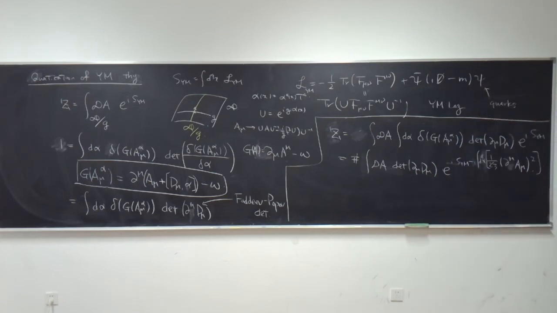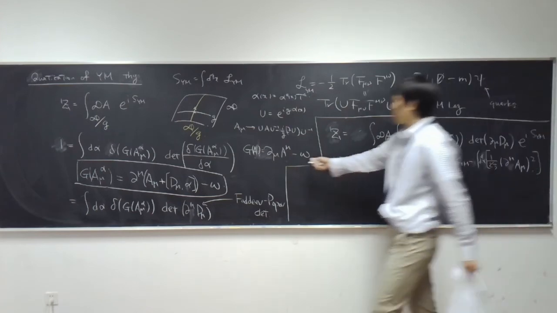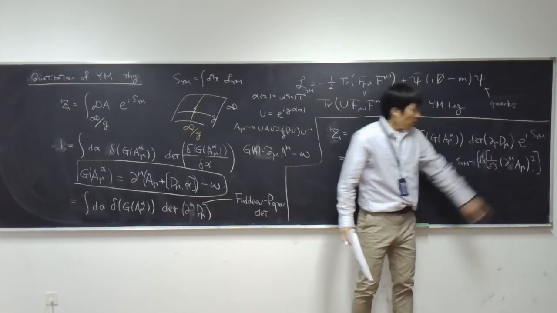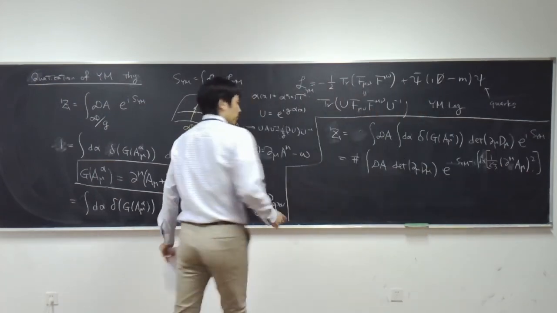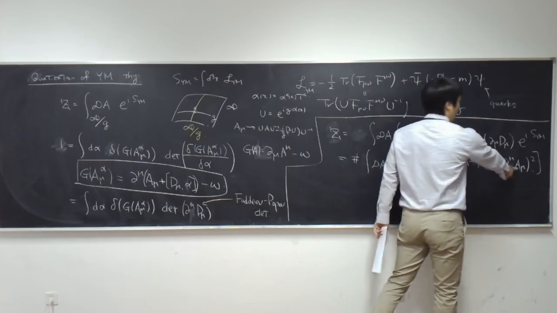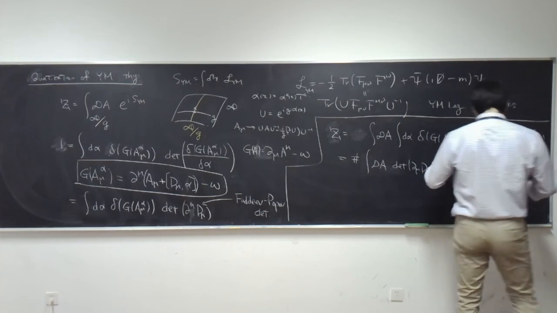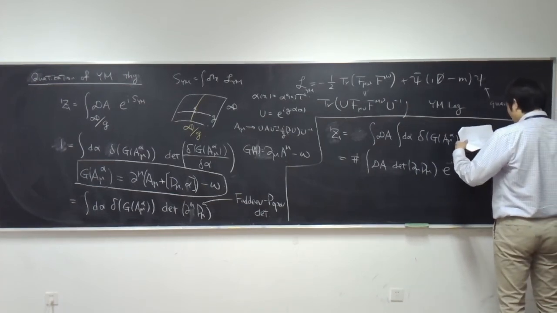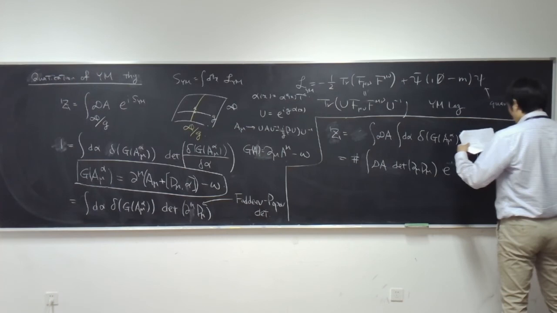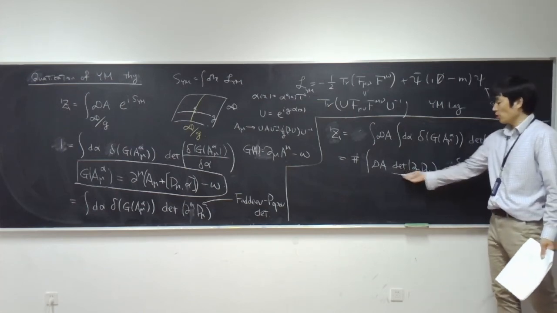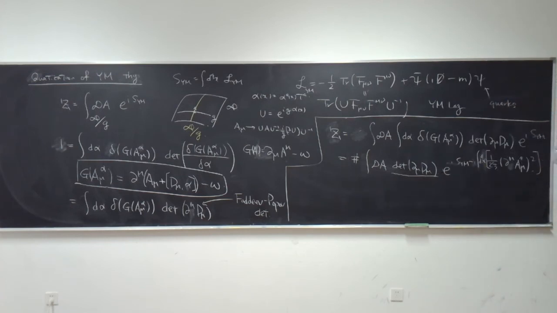So that's the effect of the Gaussian integral over omega: it gives you this quadratic term of the Lorentz gauge. Now, of course, A mu takes matrix values, so you have to take the summation over a. What's left is this determinant.